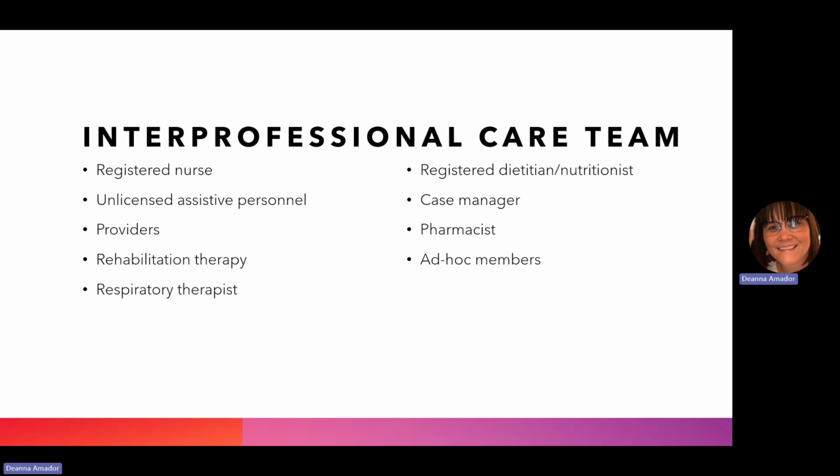That would be physical therapy. Occupational therapy would be for patients who are unable to perform or tolerate, let's say, ADLs.